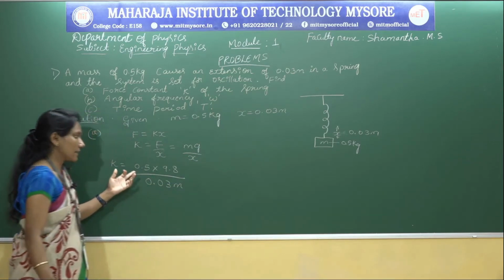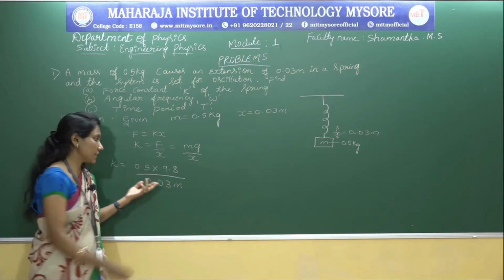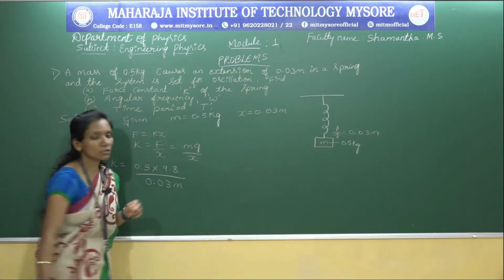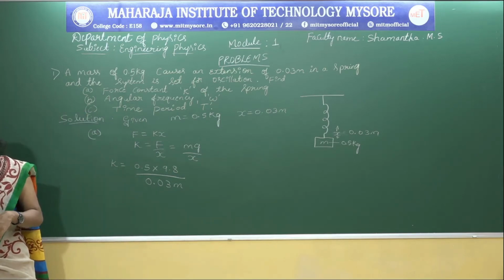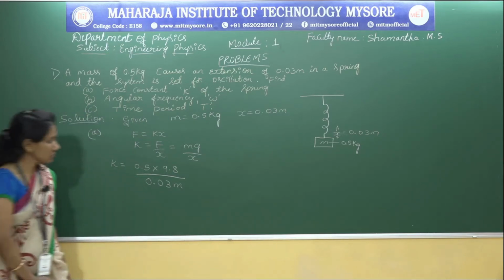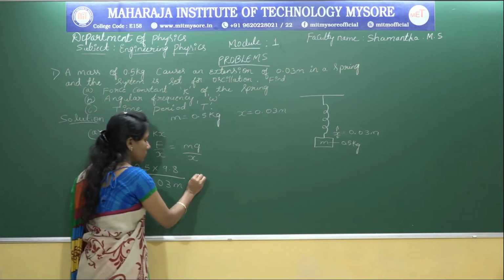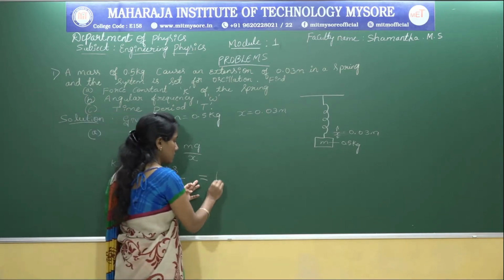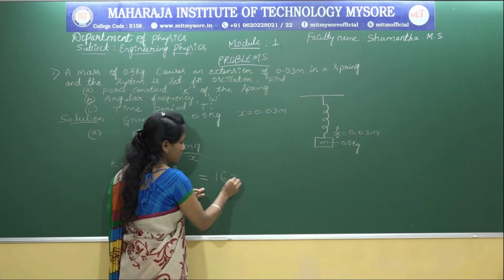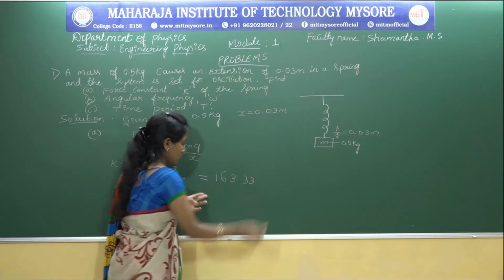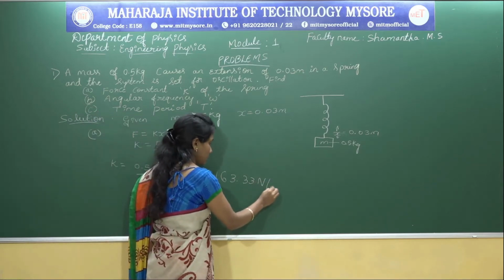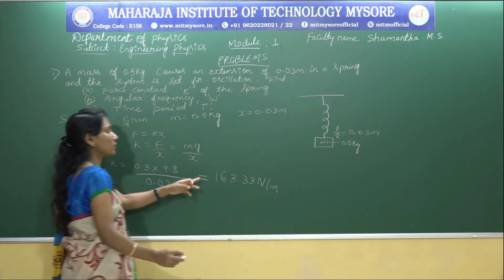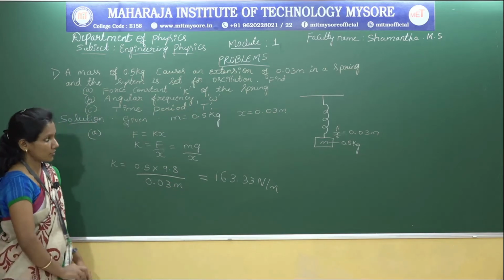Then calculating this value, we get K is equal to 163.33. What is the unit for the spring constant? Newton per meter. So the K value we got is 163.33 newton per meter.